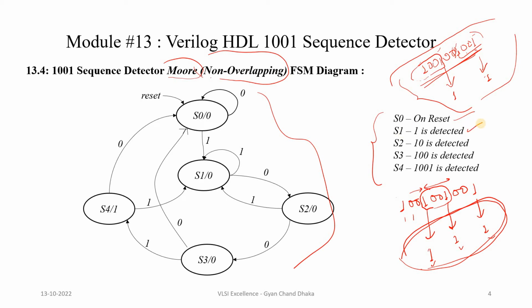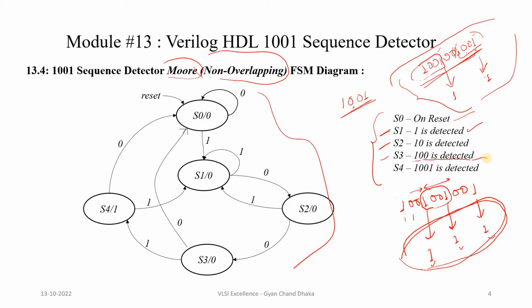Our sequence is 1001. S0 is the default state, and from that default state, whenever 1 is detected, our sequence detector will move to the S1 state. Then if the next 0 is detected, it will go to the S2 state, which means 10 is detected. If 0 is detected again, it will go to the S3 state, which means 100 is detected.